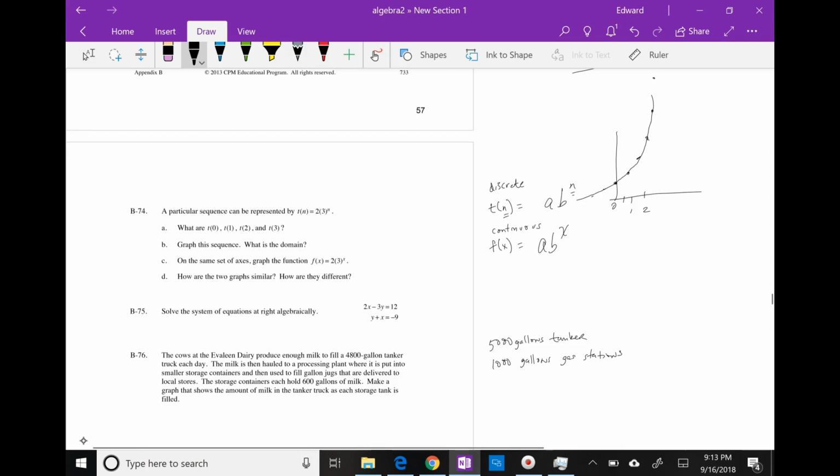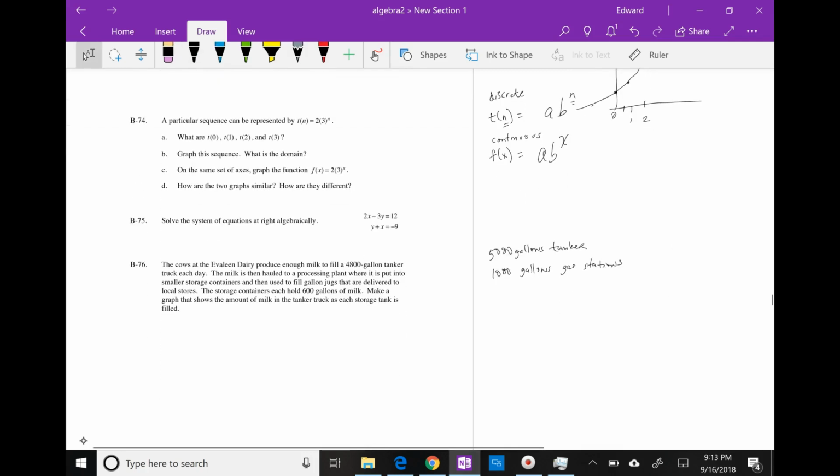And finally, B76. Imagine I have a different example of a 5,000 gallon gas tanker that goes around filling up gas stations. So what would the graph of the tanker volume look like at every successive stop, right? So he has made 0 stops and he's got 5,000 gallons.